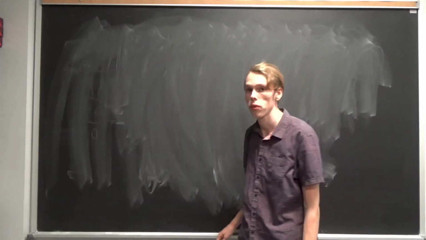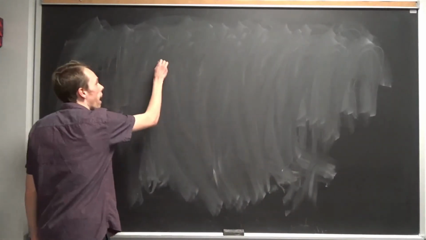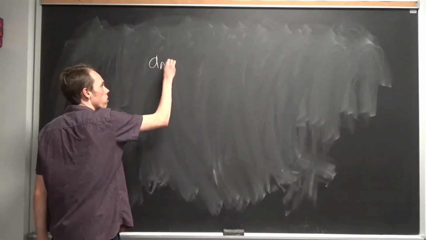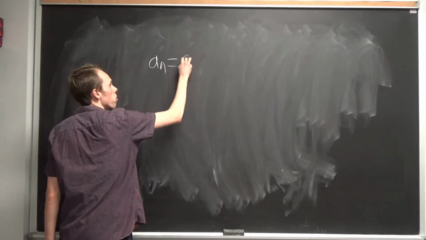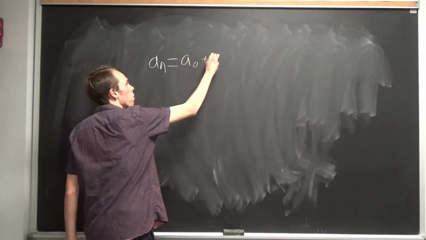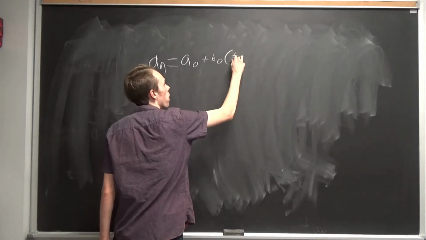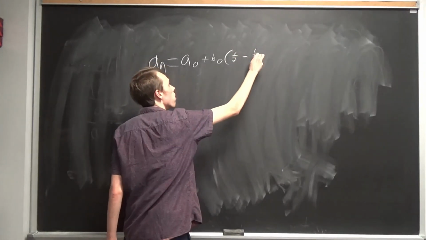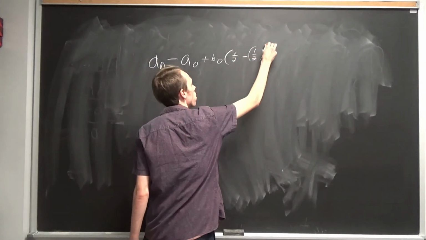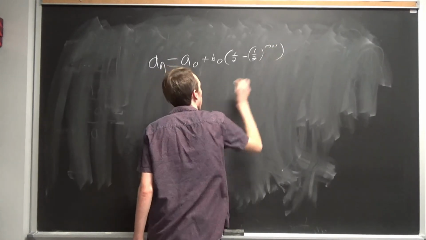Going back to a system of equations, we have a sub n is equal to a naught plus b naught times the quantity 1/2 minus 1/2 to the n plus 1.